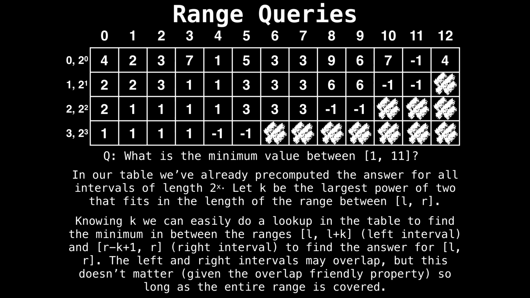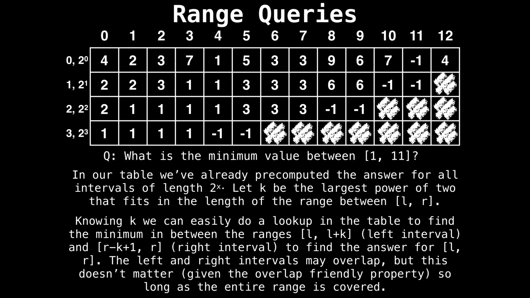Suppose that we know the value of k, the largest power of 2 that fits in the length of the range between L and R, the left and the right endpoints, respectively. Knowing k, we can easily do a lookup in the table to find the minimum between L and R by splitting the range L to R into a left and a right interval.